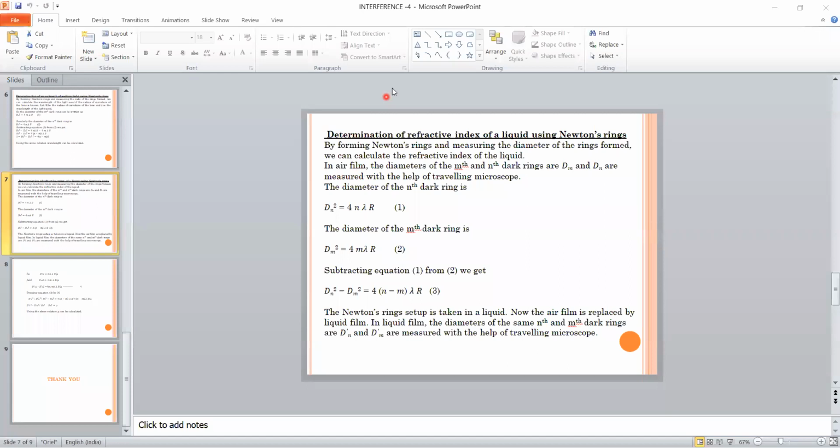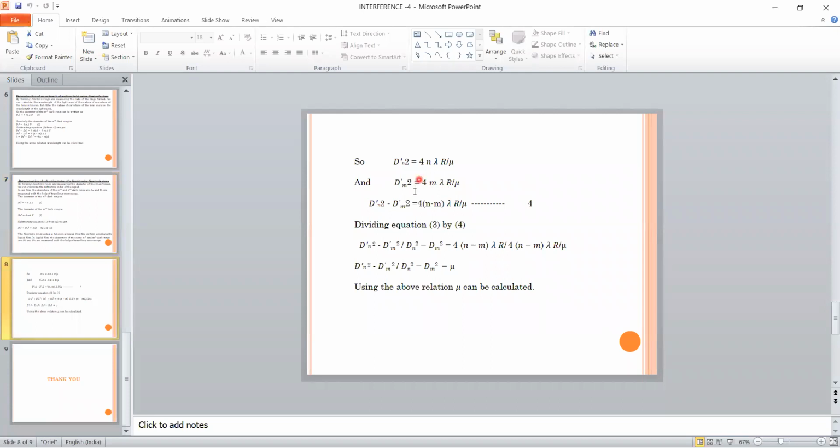We already discussed that if this air film is replaced with a liquid having some refractive index mu, this entire formula will be changed just by mu.